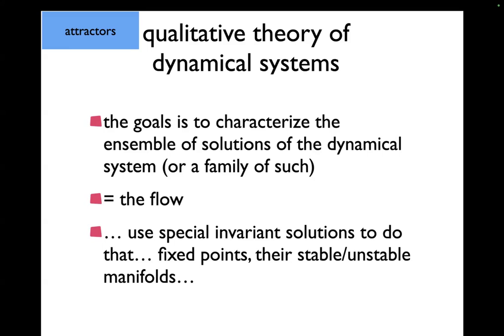And so the interesting thing is to say then, this ensemble of all solutions, do they have certain properties? Ultimately, can I say that two dynamical systems are sort of the same because their ensemble of solutions is very similar? So for instance, you can think the flow of the ensemble of all solutions is just a little bit deformed.